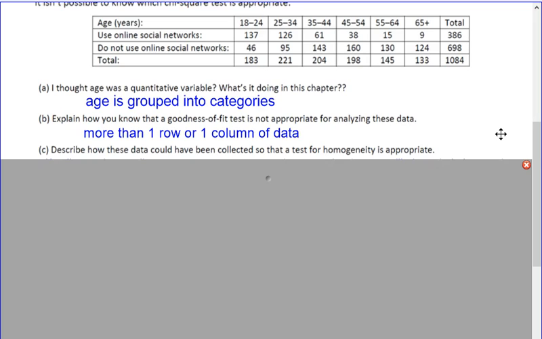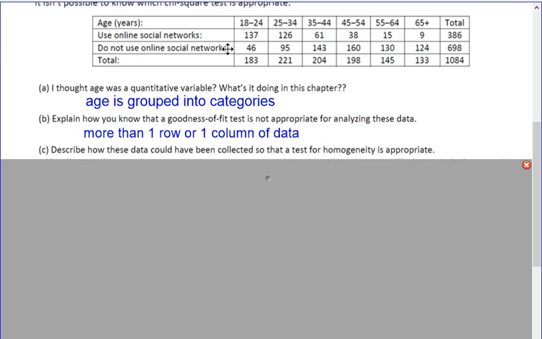If the two groups were sampled independently, okay, so for example, if you went on some sort of social network site and you randomly selected people from that network site and you found out what age group they were in, and then you did the same thing, you found a whole group of people that don't use the social network at all.